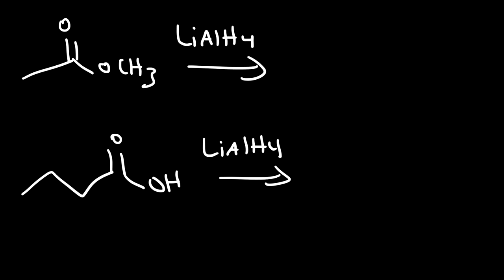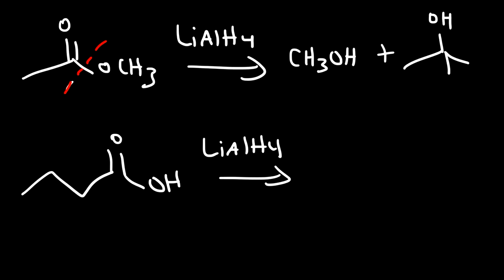So to predict the product for this reaction, you need to realize that this bond is going to break. And so this group is going to leave. It's going to collect the hydrogen from the solution and turn into methanol. And the carbonyl group will be reduced to an OH group. And so this will be a product by the addition of two hydride ions.